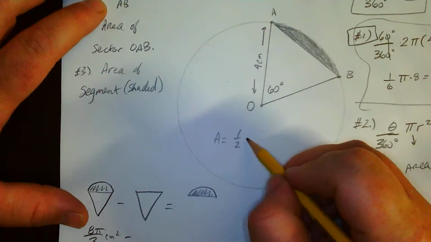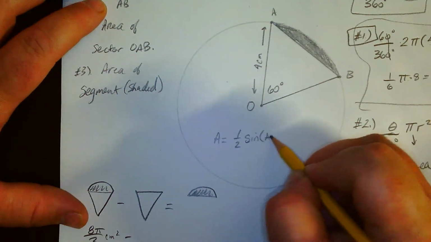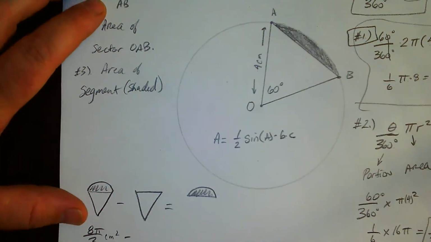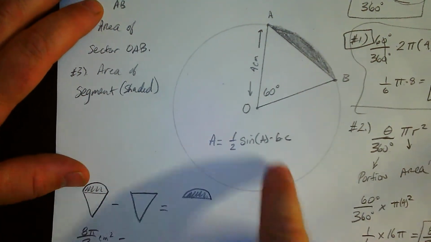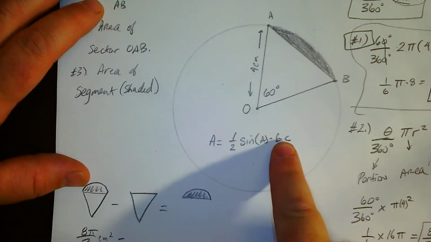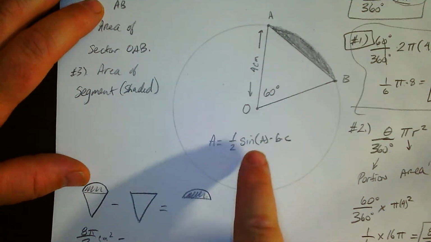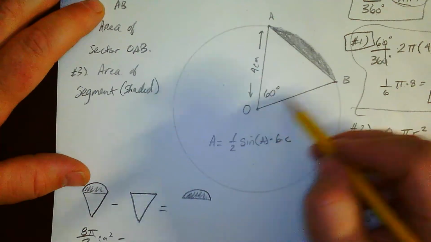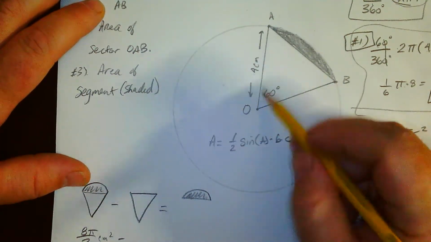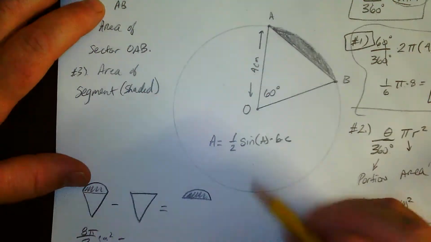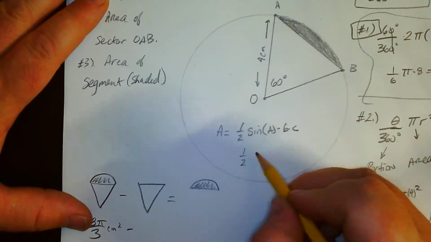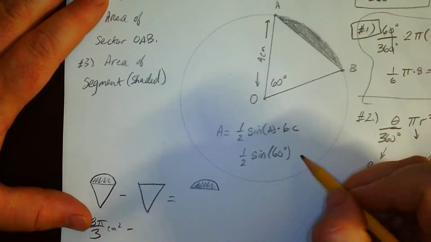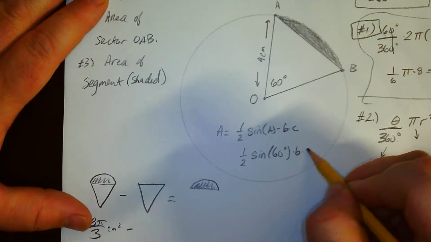It's 1/2 sine A times B times C. Now B and C are the sides and A is the included angle. So this would be side B, and this could be side C, and that would be angle A. So 1/2 times the sine of 60 degrees times B times C.